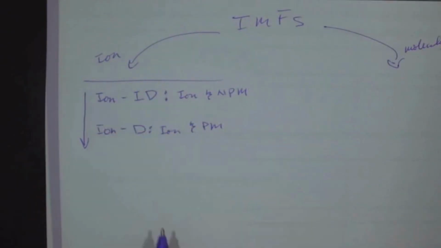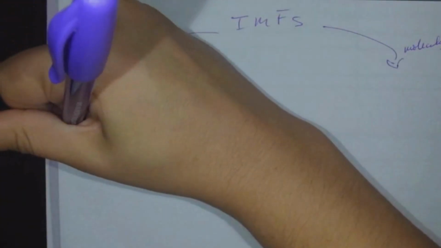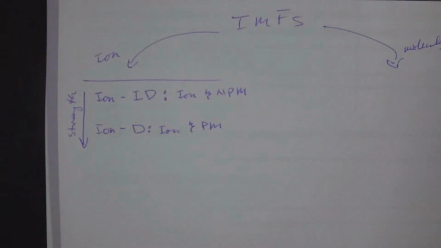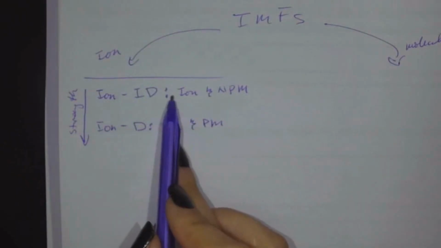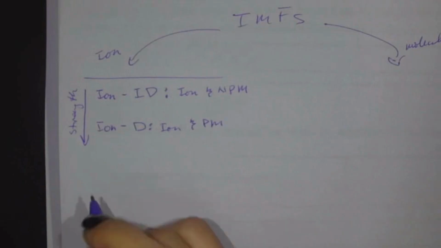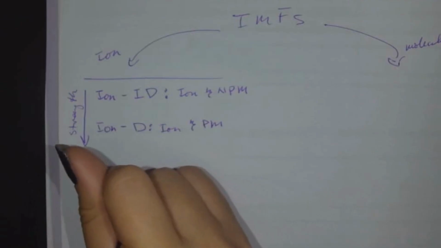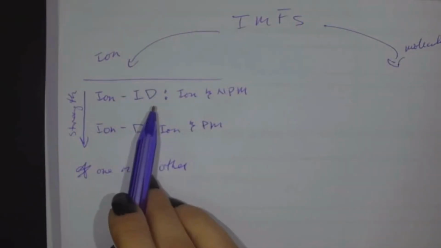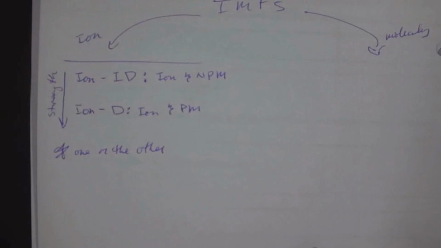This is a weaker IMF, this is a stronger IMF. And the last thing for this side is we will not have multiple of these simultaneously. If there's an ion involved, it's one or the other. So there's not going to be ion-induced dipole and ion dipole happening at the same time. It's either ion-induced dipole or it's ion dipole.